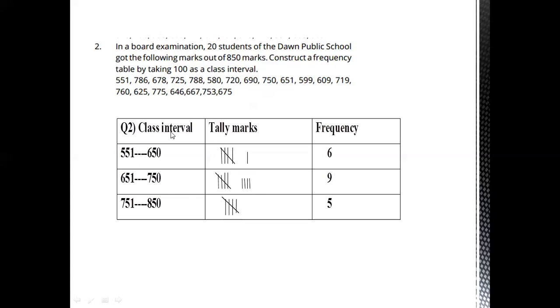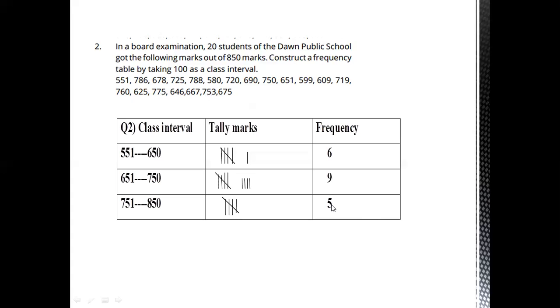Next you will check in the given data how many student marks lie between 751 and 850. So 751 and 850. 786, 1. 788, 2. 763, 3. 775, 4. 753, 5.